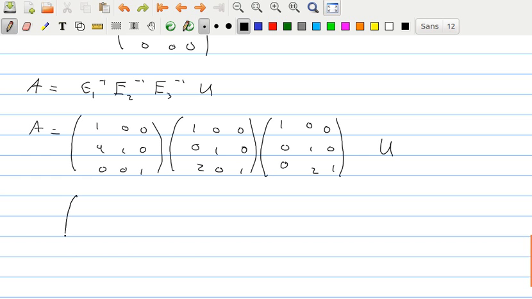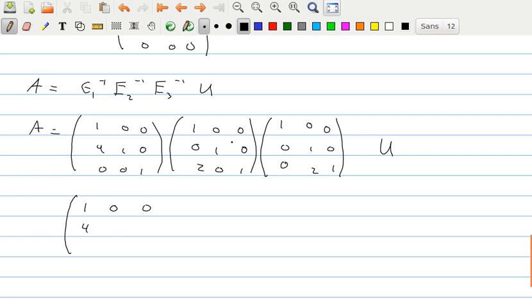If we multiply the first two, we take the first row here times the first column here, we get 1. First row times second column, we get 0. First row times third column, we get 0. Okay, now for the second row. We take the second row times the first column, we get 4.